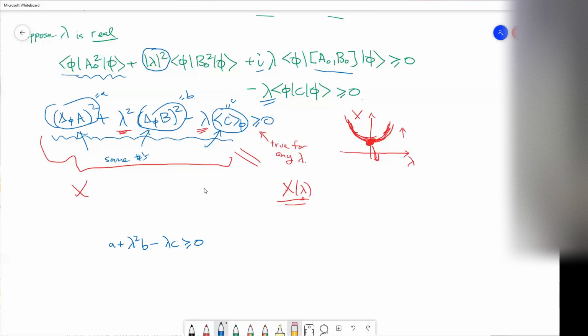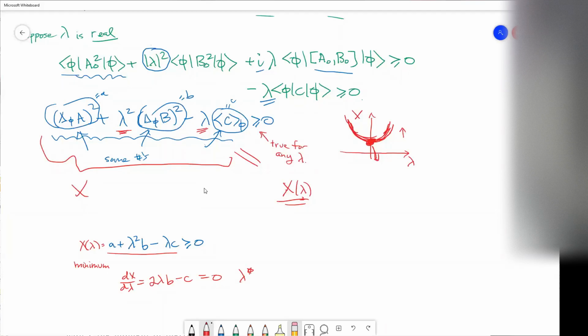You can actually find the minimum of that parabola. The minimum has to occur where you take a derivative of this side, your x of lambda, so dx d lambda gives you 2 lambda b minus c, and that has to equal 0 at the minimum.